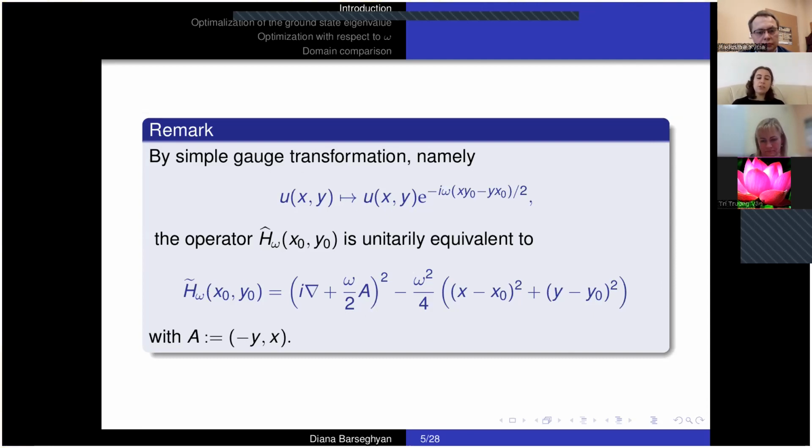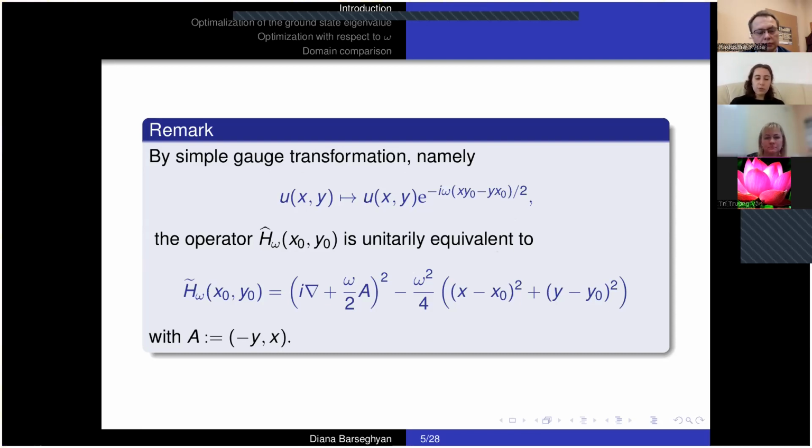And using this gauge transformation, you are able to pass from the operator H_Ω(x0, y0) to another operator, tilde, which is written below, and these operators are unitarily equivalent. And why do we need this?